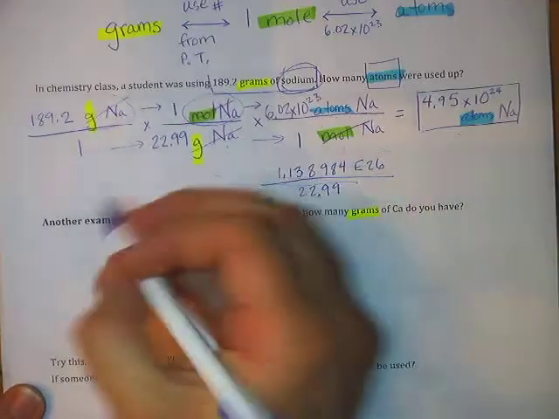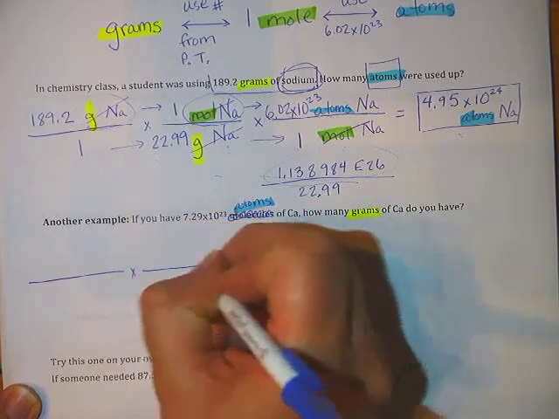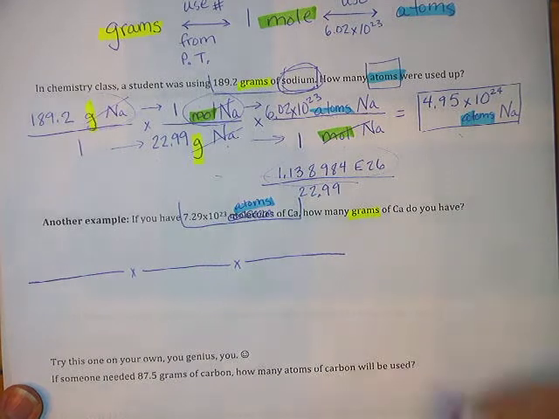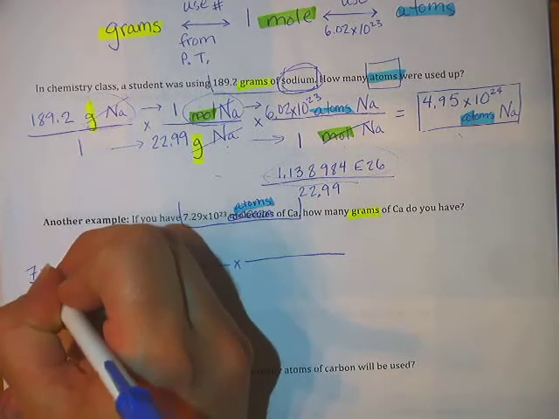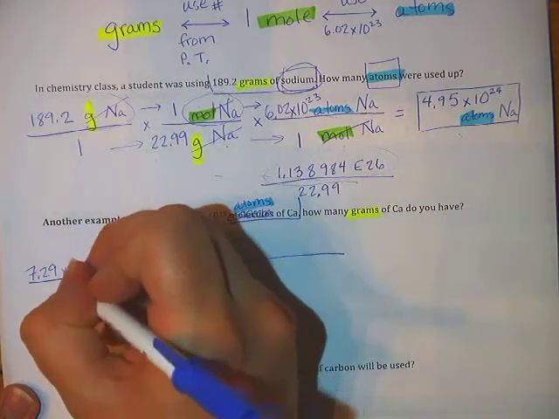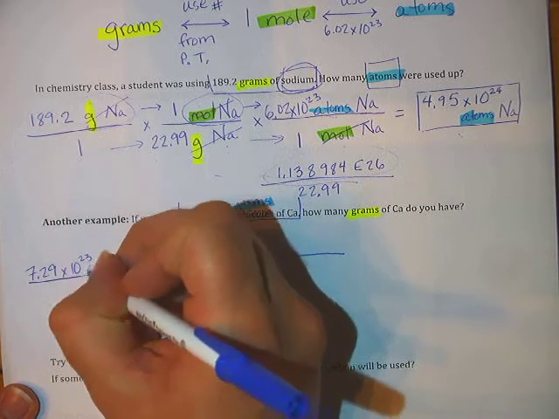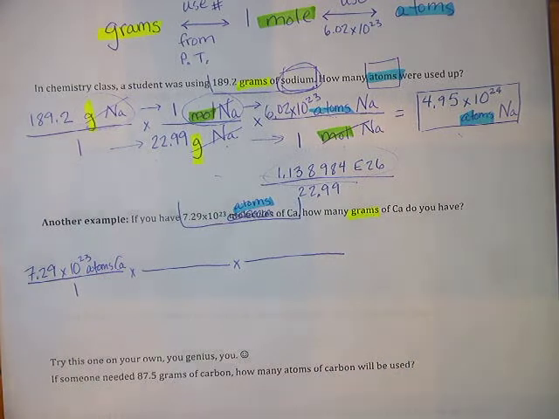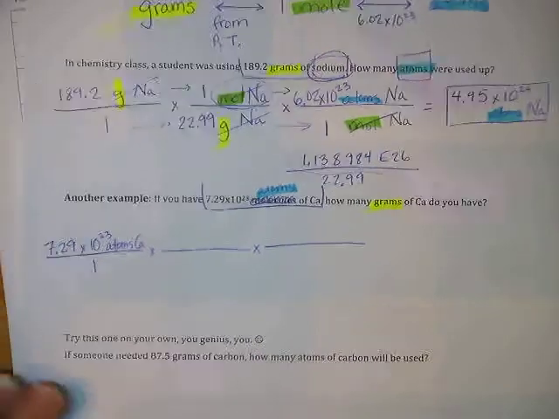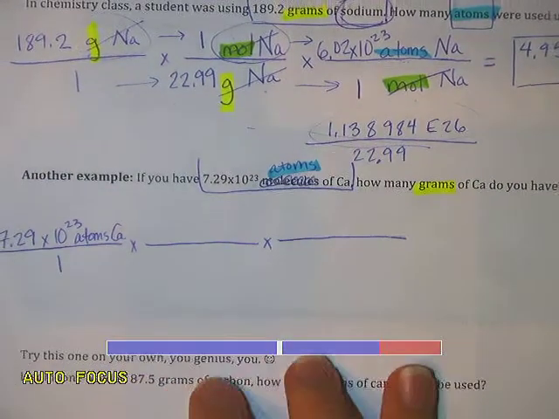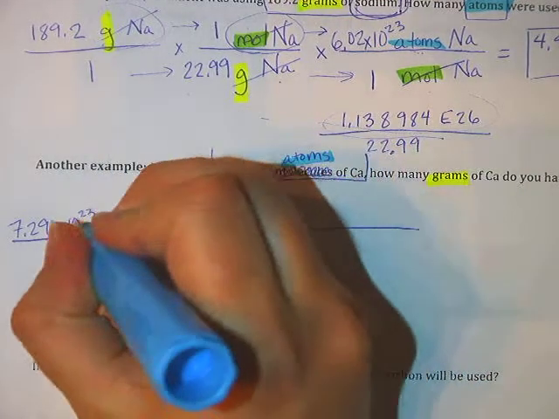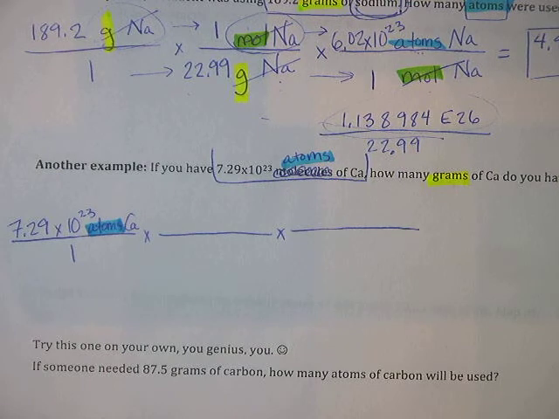So I can draw 3 fractions, and I know that this number they gave me right here always will be on top of the first fraction, number and unit and element over 1. I also know whatever they're asking for.